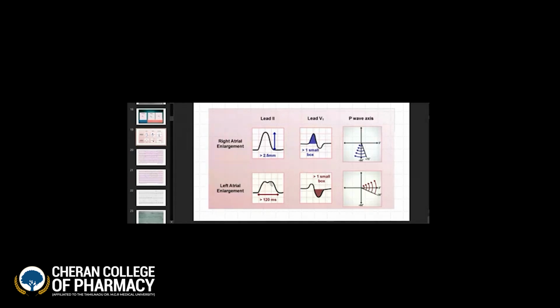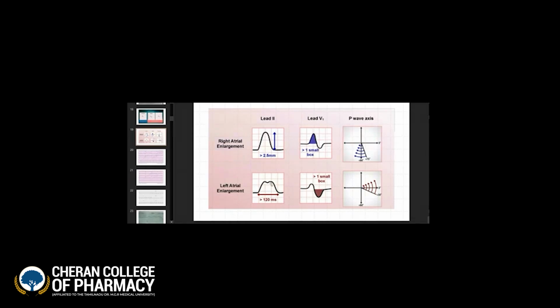That means whenever left atrial enlargement is seen, if an M-shaped notch is there in the P wave, that means there is some kind of valvular dysfunction. It is also known as P mitrale, right? The patient is suffering from some kind of valvular dysfunction.